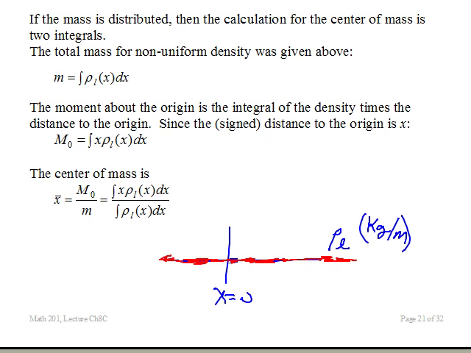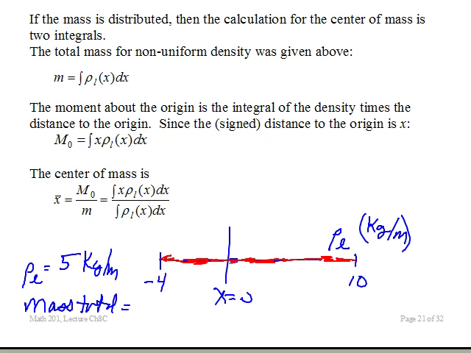Wherever you're going from, say, minus 4 up to 10, if rho L is constant, say rho L is 5 kilograms per meter, then the total mass would just be 5 times the length of wire, in this case 5 times 14. We'd have 14 meters of wire. It's going to be in MKS units, and that gives me 70. So 70 kilograms would be the total mass.